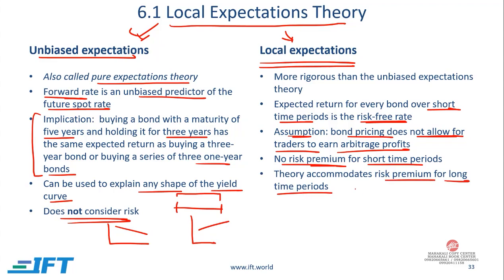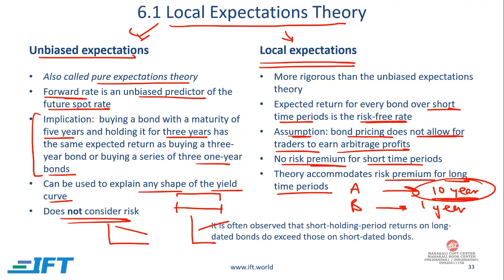The idea here is that if an investor buys, let's say, a 10-year bond, then obviously the investor is taking on risk because interest rates will change, and the impact of changing interest rates will be much more on a 10-year bond versus a 1-year bond. According to this theory, investors can be compensated for the extra risk they are taking.